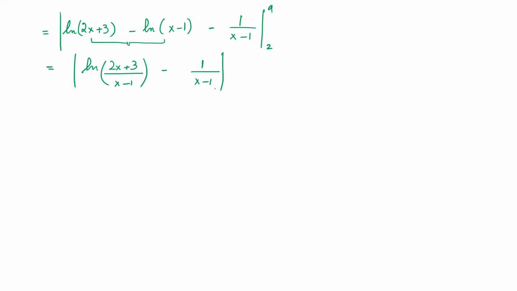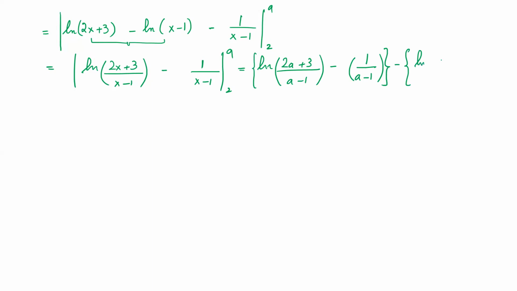Now put in the values of a and 2. The value will become ln of (2a plus 3) over (a minus 1), minus 1 over a minus 1. This is one set of values, and we are subtracting ln of (2 times 2 is 4, plus 3, is 7) divided by (2 minus 1), so 1, minus 1 over 1.